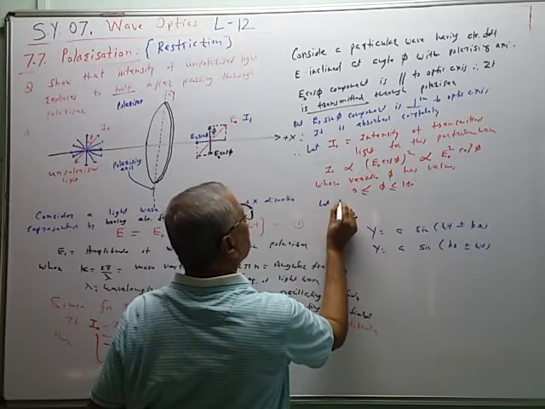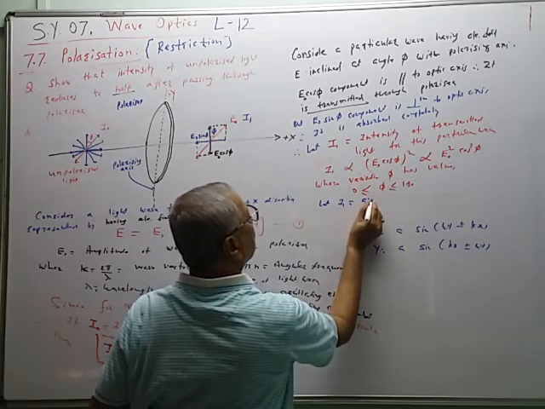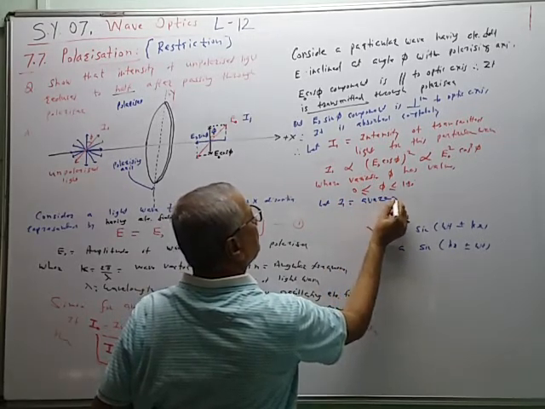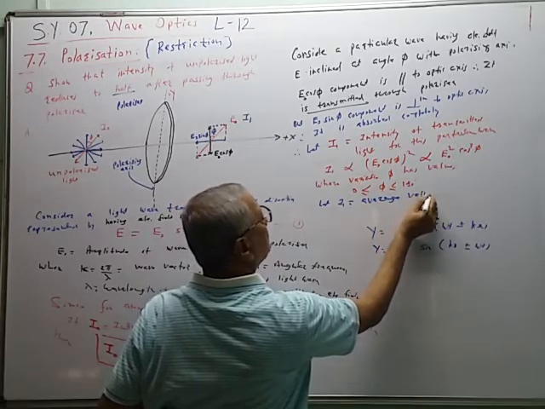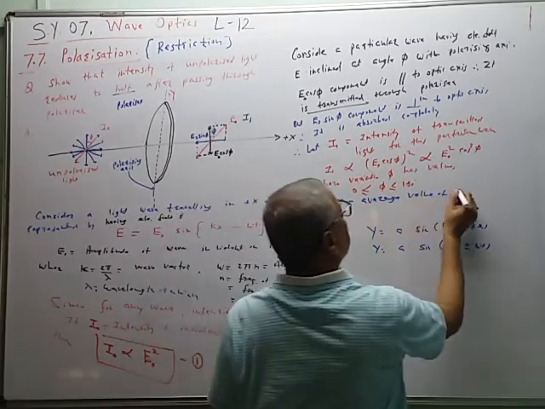Let I1 be the average value of transmitted light.